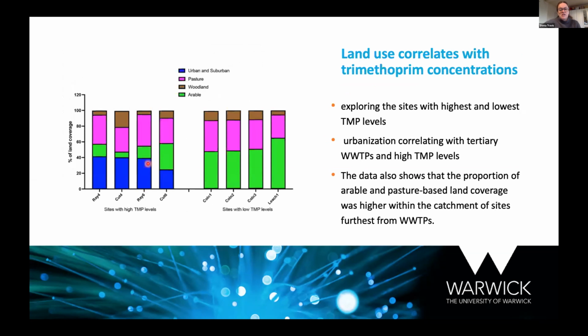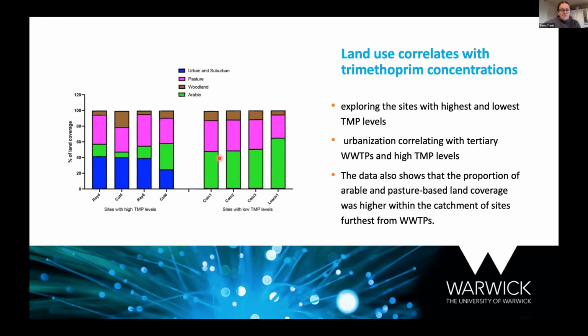Coming back to the land use correlation, and here focusing on the 4 sites with the highest trimethoprim levels, they showed, versus the sites with the lowest trimethoprim levels, quite different land use. And the most striking one is the increase in the urban and suburban in the blue, in the sites with high trimethoprim levels.